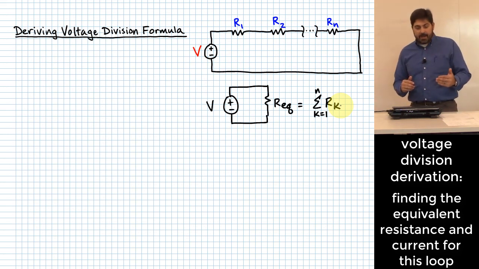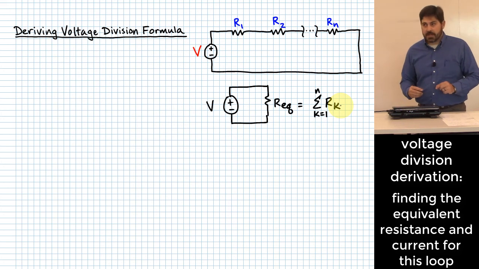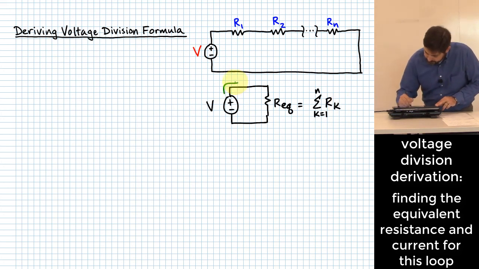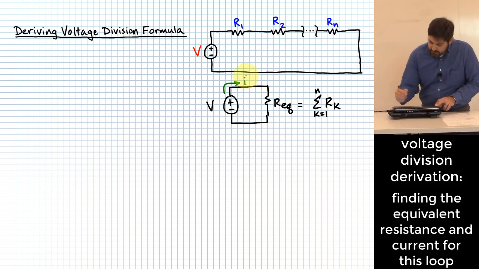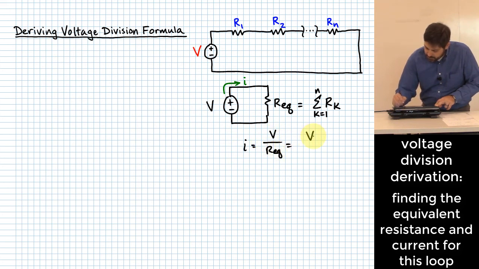Once you do that, how do you come up with the current that the source has to push? This is, I'll just call it I. I is just going to be equal to V over Req, which is just going to be equal to V over the sum, k equals 1 to N, of Rk.